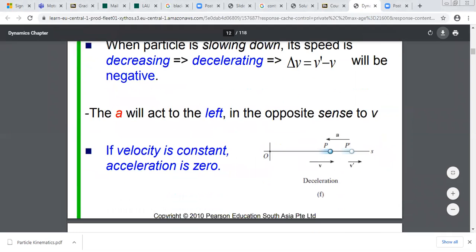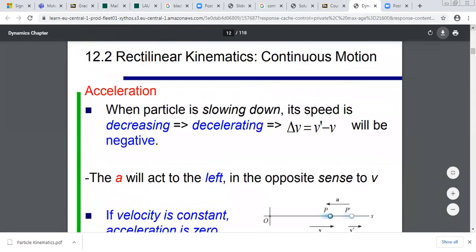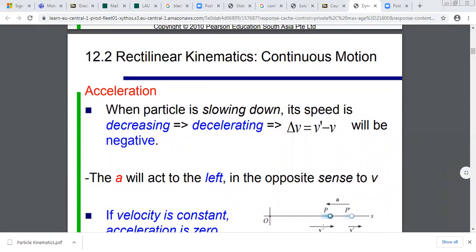Now, let's say we are moving in the positive direction. If my velocity is increasing, this means that a will be positive, and if my velocity is decreasing, then a will be negative.